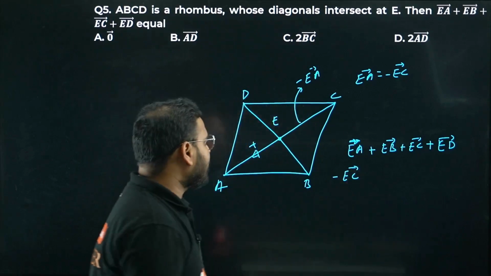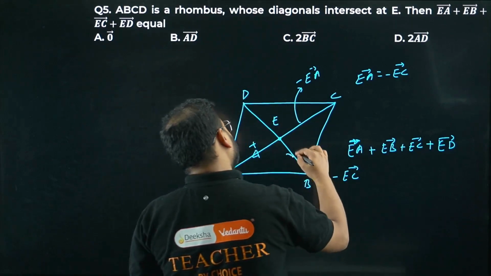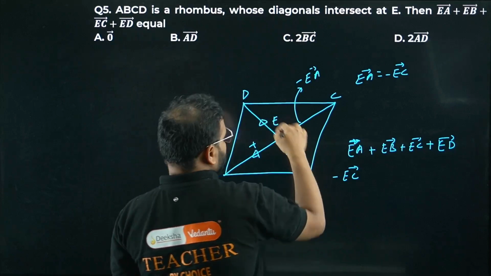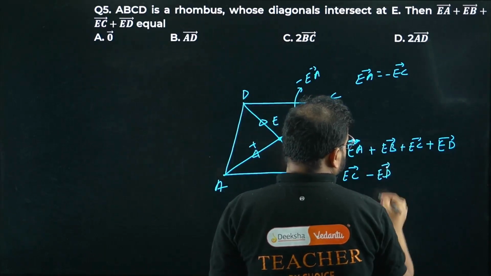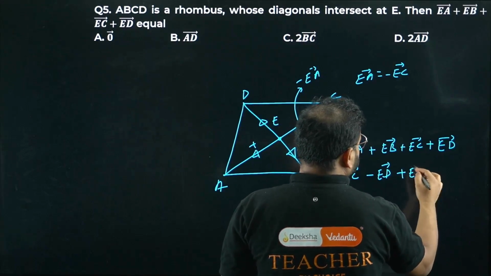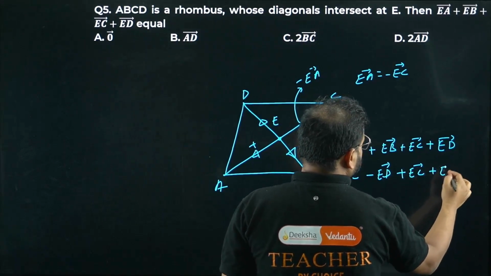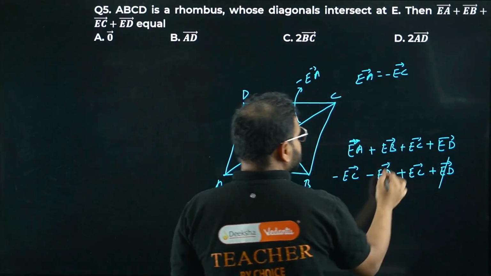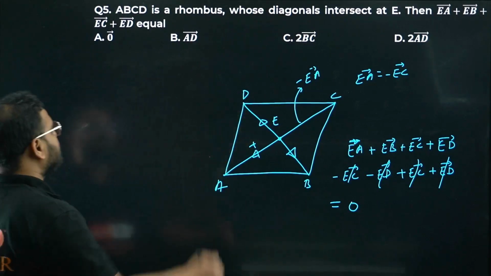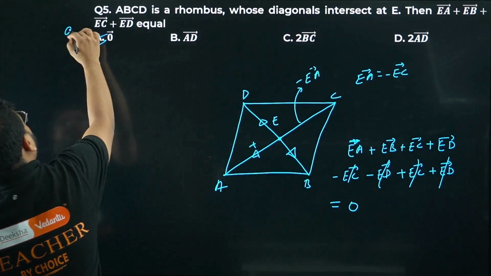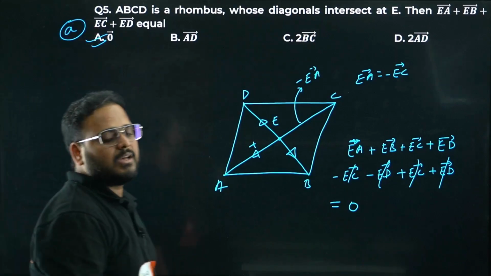In the same way, EB becomes negative, so I can write EB as minus ED. Then I write minus EC plus EC plus ED minus ED. Everything cancels. The answer is 0. Option A is correct.